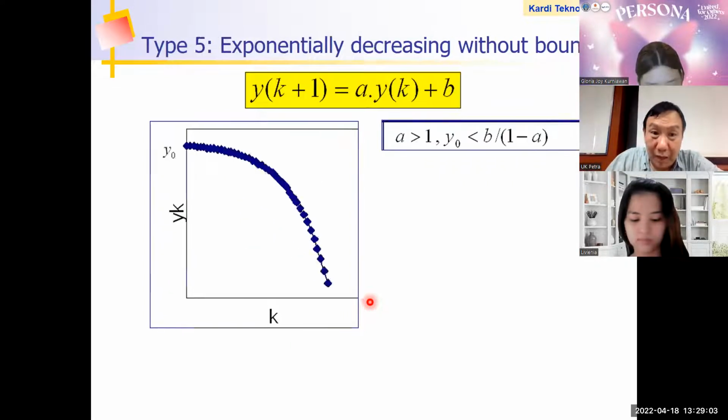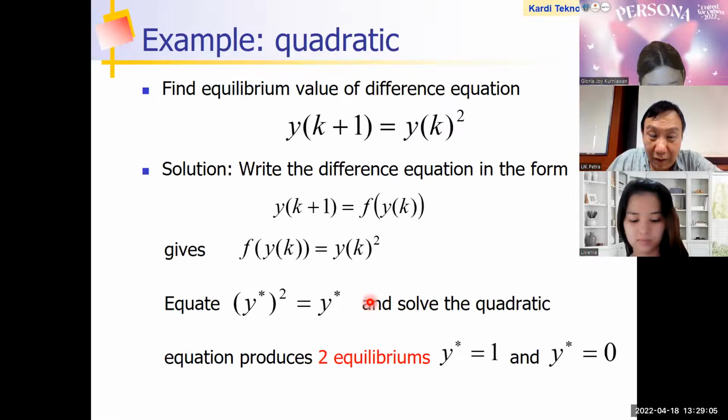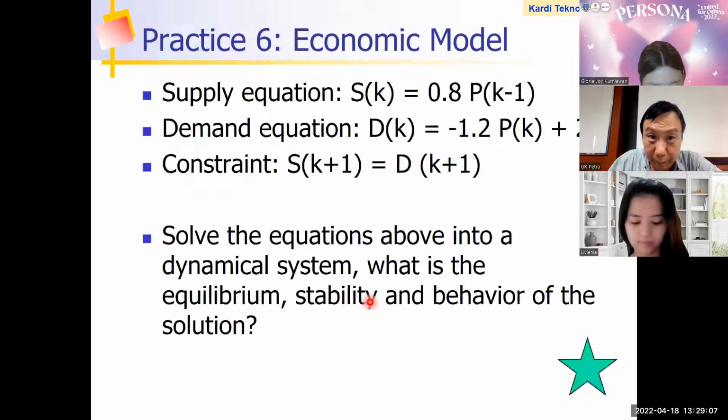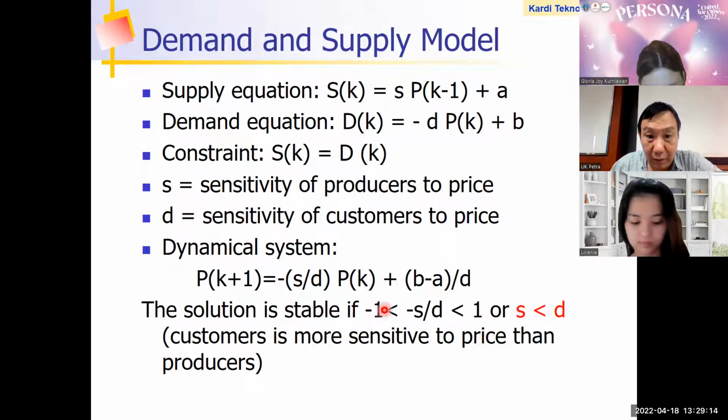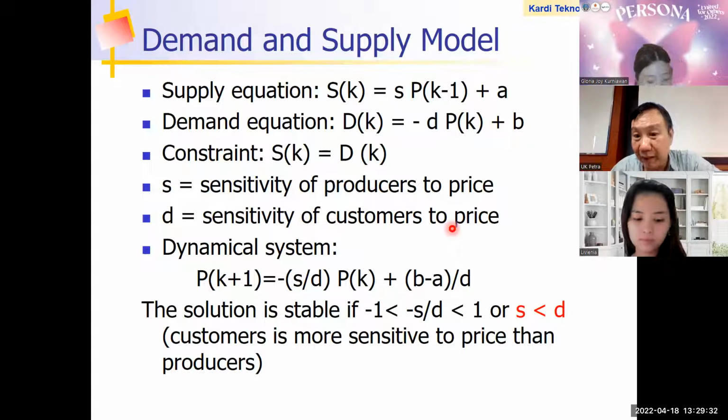So now come back to our application for price. Once you have this, you can determine the stability based on the value of A a while ago. In this case, it becomes S over D. What is S? S is the sensitivity of the producer to the price. What is D? D is the sensitivity of the customer to the price.